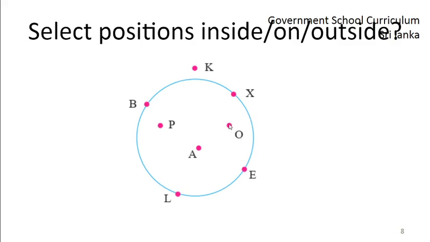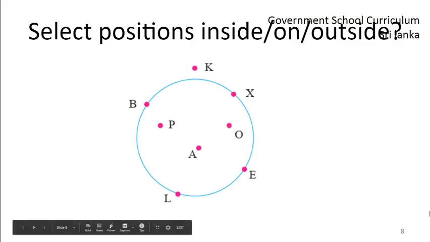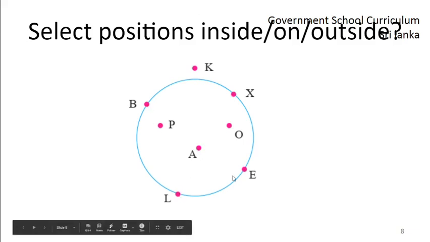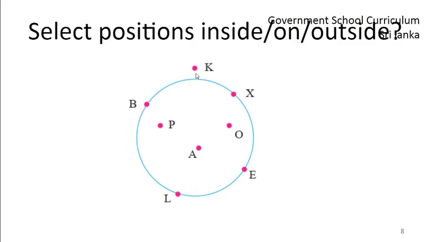O, this point is indicated by O. This point is indicated by A, this point indicated by P. So, these are the positions inside. And let's find out the positions on the circle. B, X, E, L. And K is the outside position.